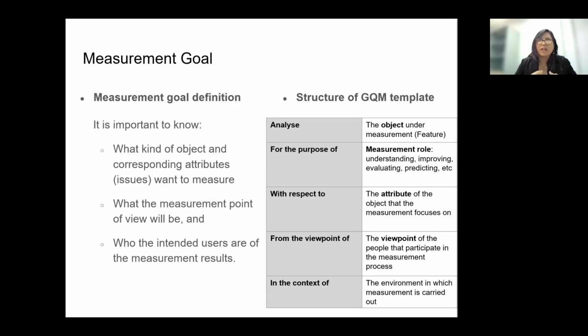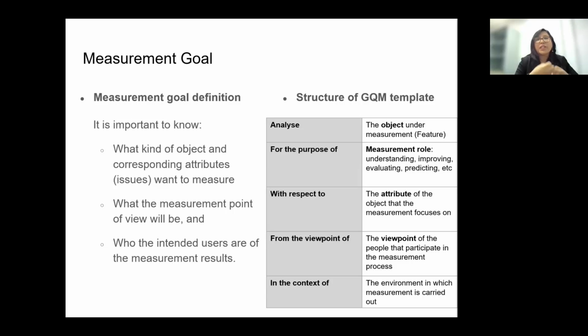In our previous videos, just as a reminder, we have different types of purpose. We conduct measurement, for example, for assessing, or for improving, or for understanding, for prediction. There are different purposes that correspond to the measurement role. The attribute of the object is the part where we specify with respect to.